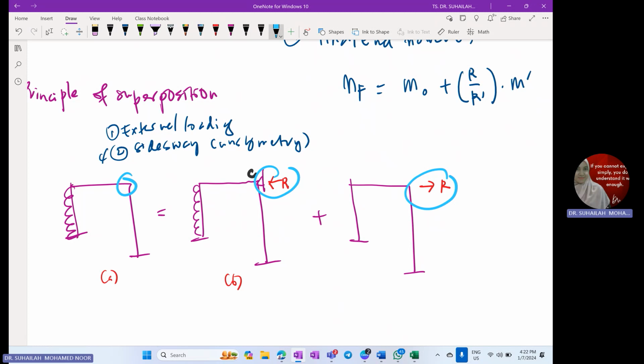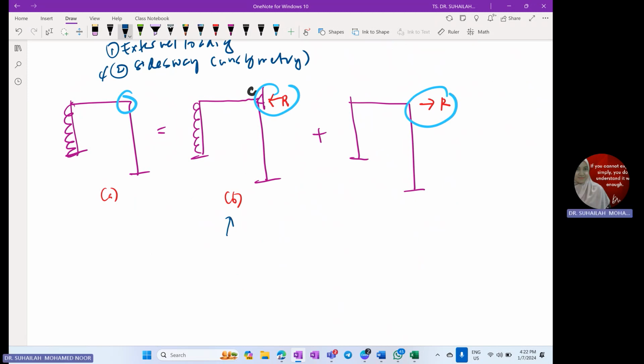Principle of superposition. So in diagram B, we will calculate FEM due to W, the external loading only, and due to R in diagram C. There's no UDL here, because if this is 30, this is 30, 30 plus 0, we get 30.